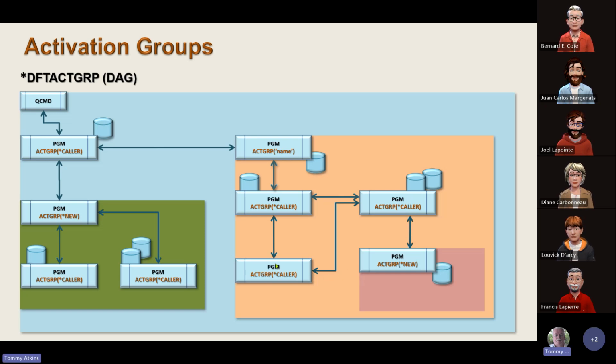So a set on LR, by the way, also closes programs, closes resources, closes files, that sort of thing. So if you get rid of it, then you will be able to benefit by resources staying open in a named activation group. Am I making sense? Stop me if I'm not making sense, please. It's important.